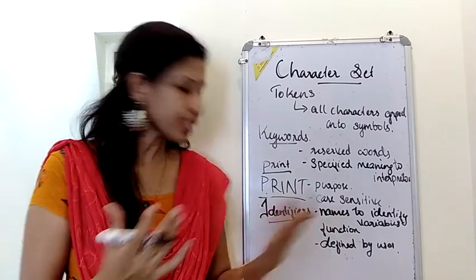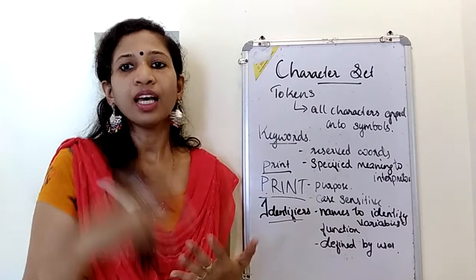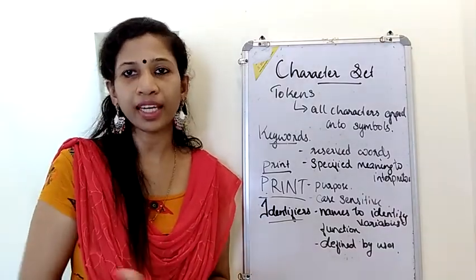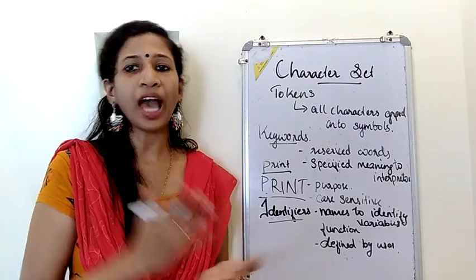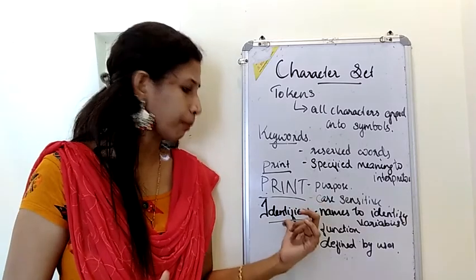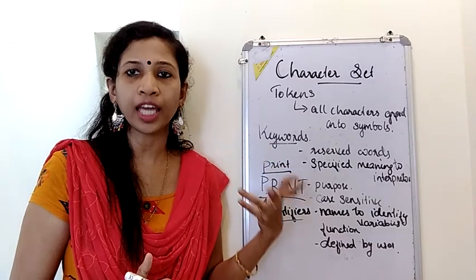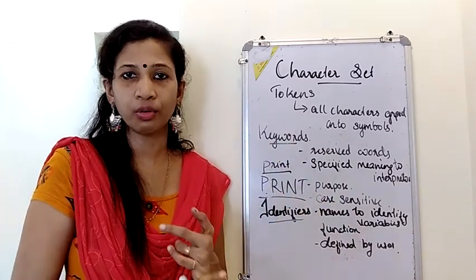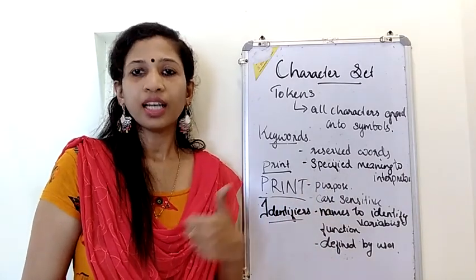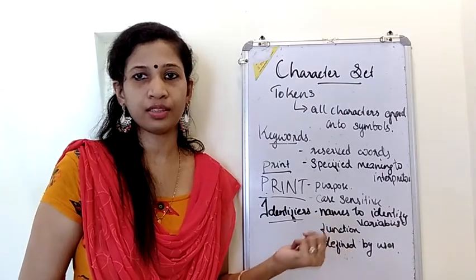But users have to follow certain rules while naming any function, variable or other component. Now let's discuss the rules for naming variables, functions or other components, that is, identifiers.